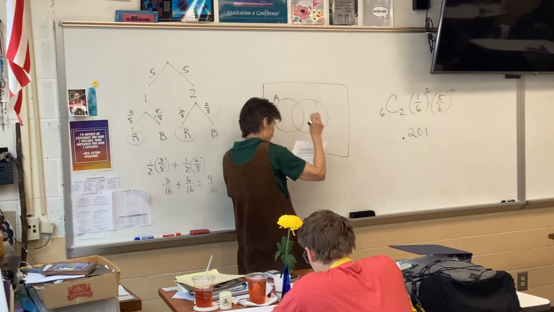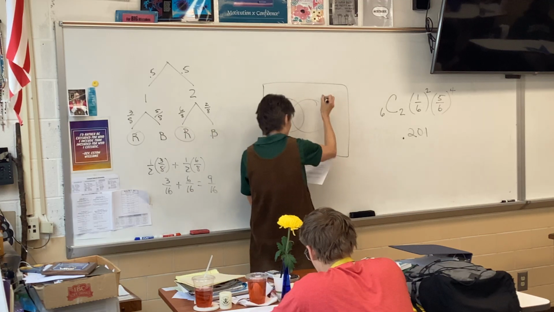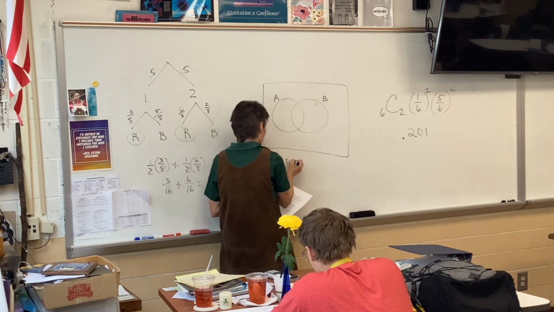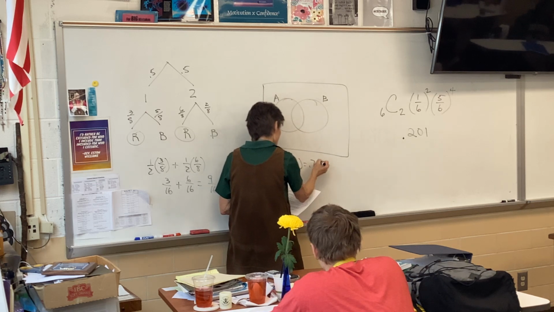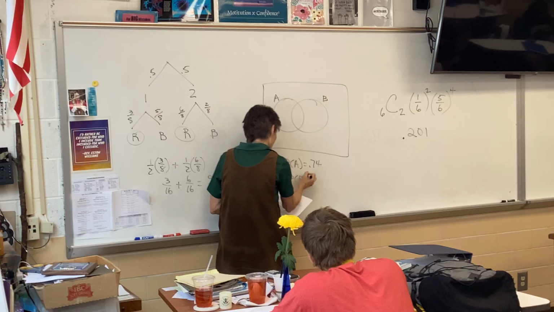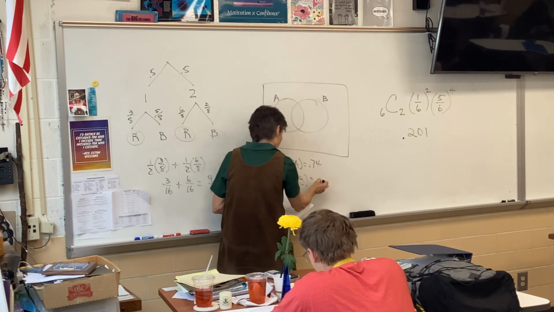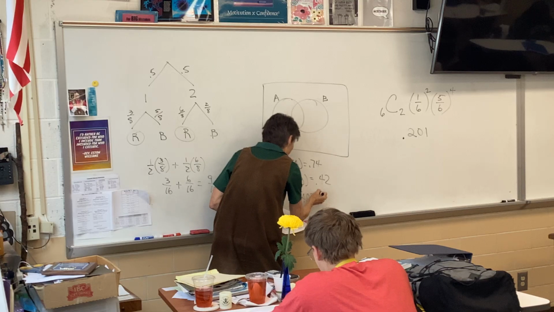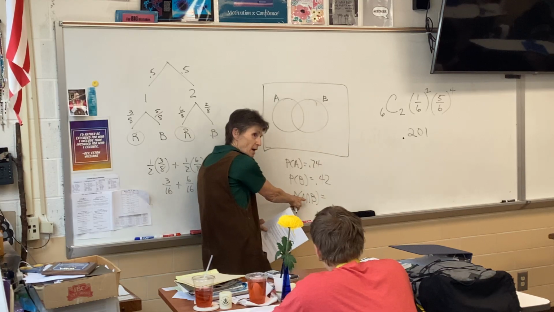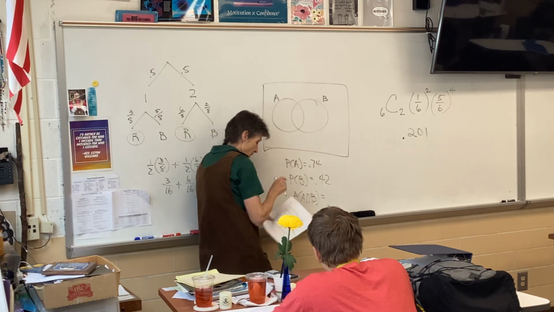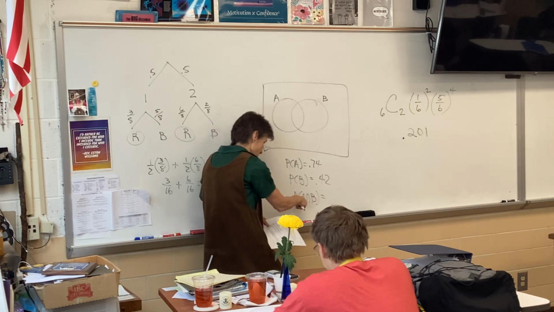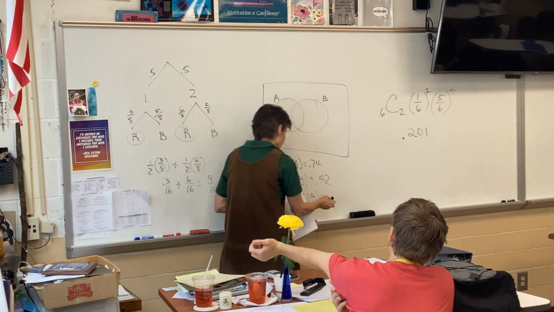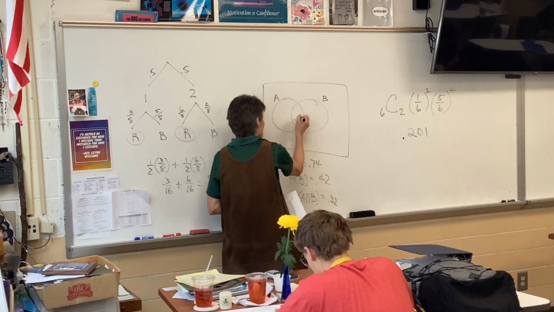So apples and bananas. We know that the probability of apples is 0.74. The probability of bananas is 0.42. And the probability of both, which yesterday I actually used a symbol, here it says and, that means both, is 0.32. So that goes right here.